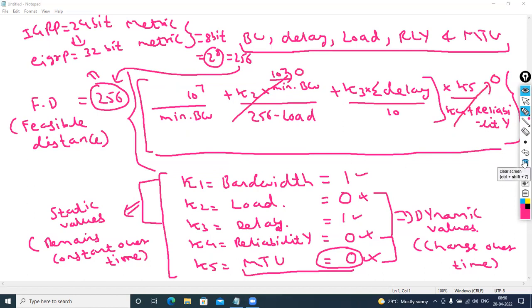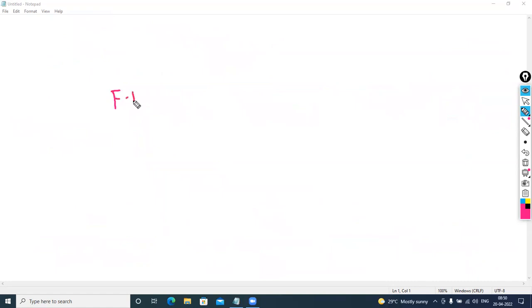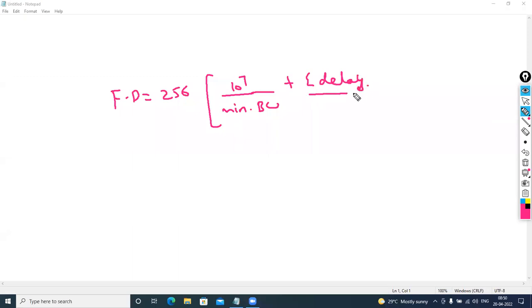So our formula reduces to 256 times 10 to the power of 7 divided by minimum bandwidth, plus K3 is 1, sigma delay by 10. Sigma delay means total delay. This is the formula. So by default, EIGRP uses bandwidth and delay.